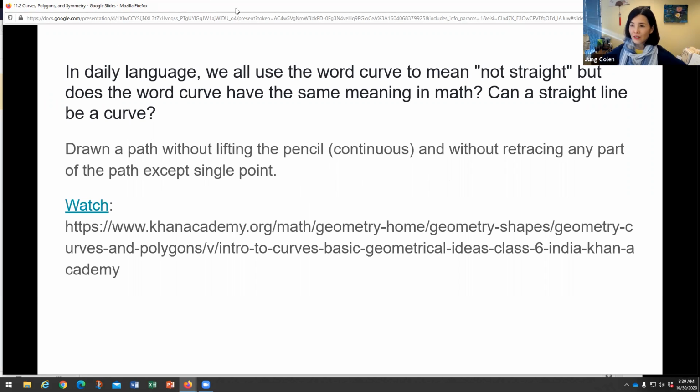So when you're drawing a path without lifting the pencil, continuously and without retracing, without going back to the part where you started or to where you already drew the path, that is called a curve.